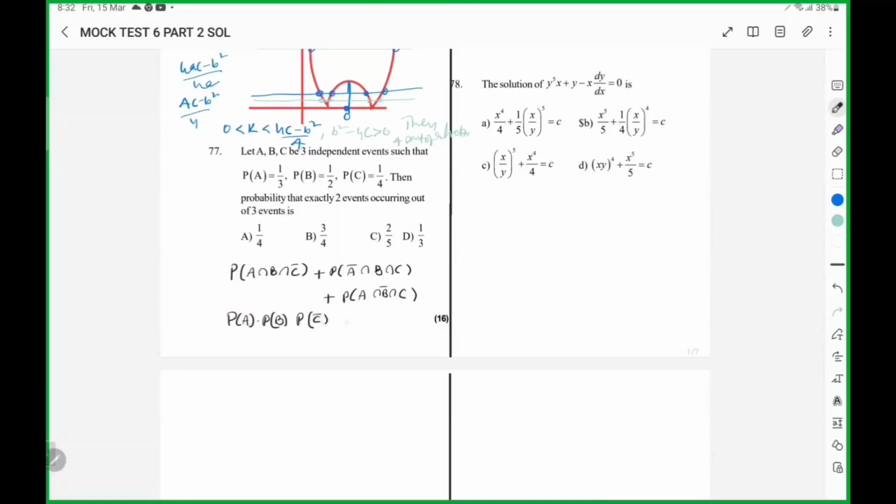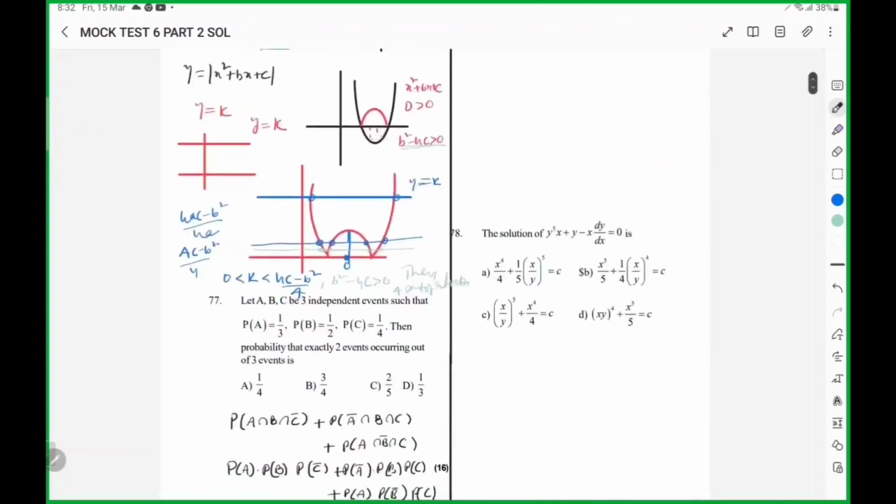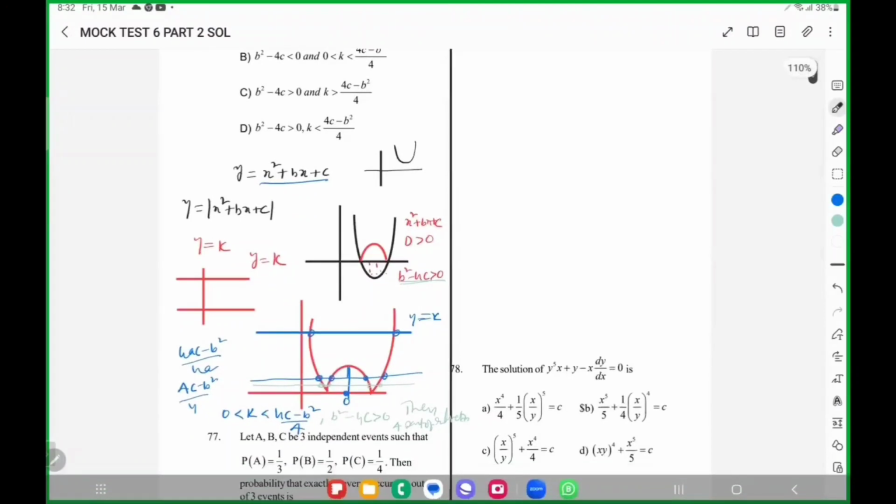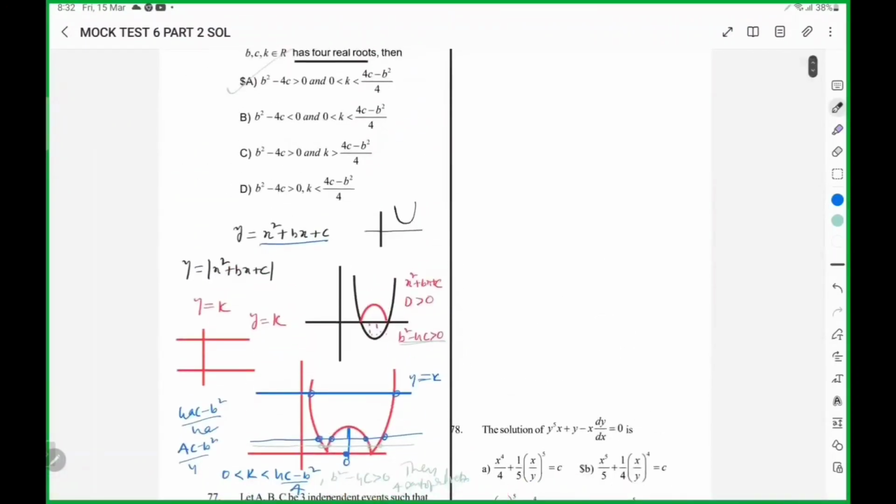Once they are independent events, P of A bar into P of B into P of C plus P of A, P of B bar into P of C. Here P of A is 1/3, P of A bar will be 2/3.